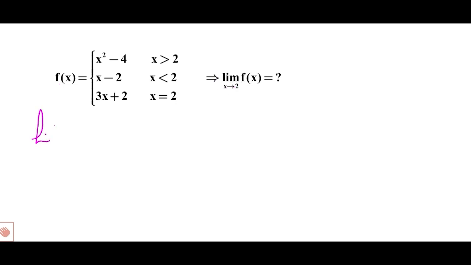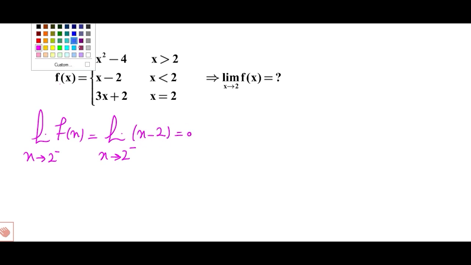So the limit of f of x as x approaches 2 from the left means less than 2. So f of x is equal x minus 2. So the limit of x minus 2 as x approaches 2 from the left. Now we plug in 2 for x. So 2 minus 2 is equal 0.